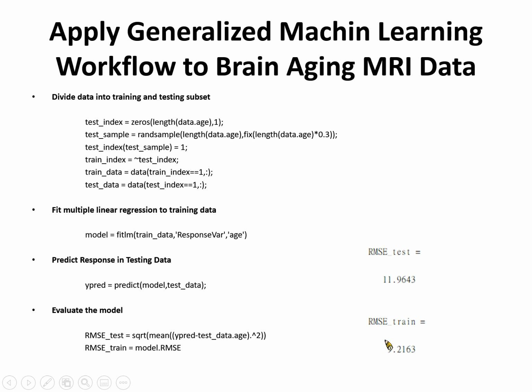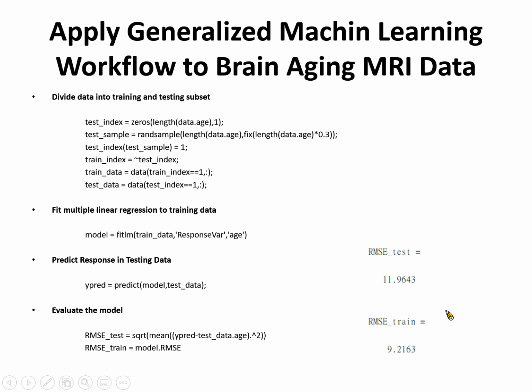Here you can interpret that the unit of this number is still years. It means that in the training model, the error is around 9.2 years. It means that when you have a brain volume and you derive an age from this model, you will expect that the error is around 9 years. So this is not small.